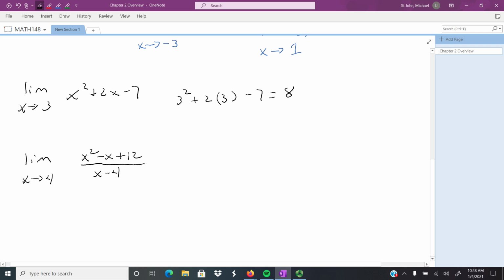But in the case of this one, however, the top can be factored. This will give me x minus 4, x plus 3. And now the problem terms would go away. And now I can evaluate this, and I get an answer of 4 plus 3, which will be 7. So now we can get rid of the problem term and then plug in. Right?